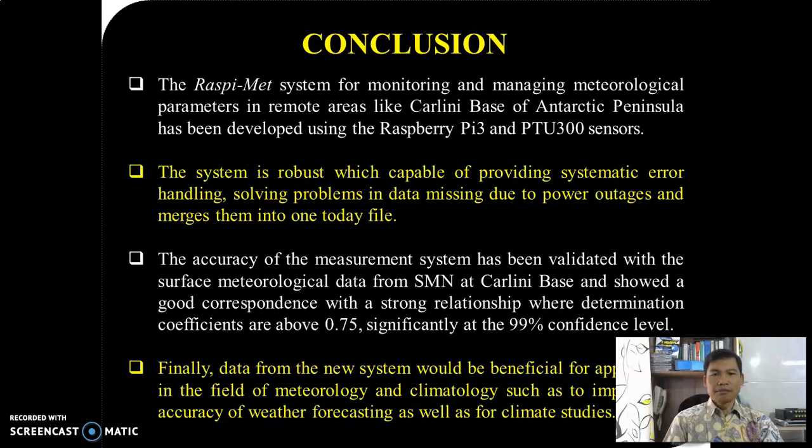The accuracy of the measuring system has been validated with surface meteorological data from SMN at Carlini base, where we obtained a correlation of 0.75. Finally, data from the new system will be beneficial for applications in meteorology and climatology, so as to improve the accuracy of weather forecasting as well as for climate studies.